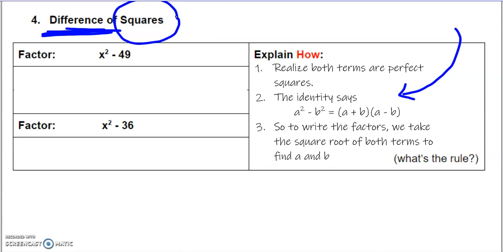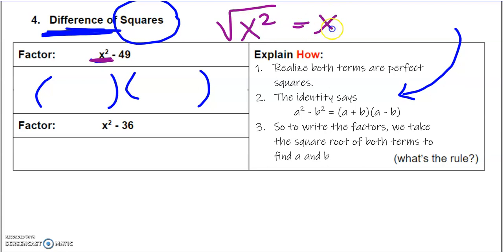And what we need to do, once we realize I'm subtracting and I have perfect squares, we need to take the square root of both of those terms to get my factor setup, okay? So I think about my first term here. Let's color code. x squared. So okay, what's the square root of x squared? It's x.